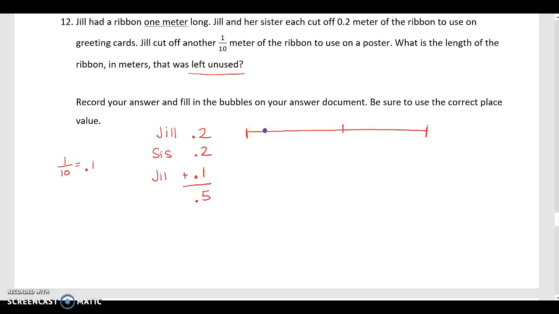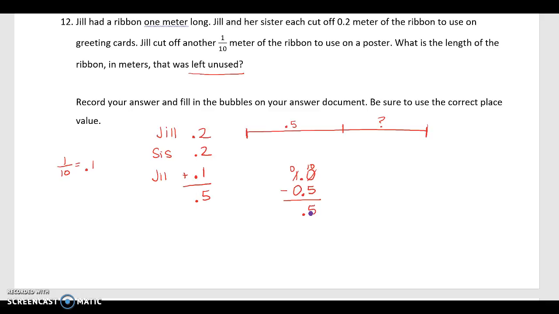They've used 0.5 and they want to know how much is left. So we should know mathematically that half plus a half is a whole. But just in case, 1 meter, 1.0 minus 0.5, you have to line up your decimal. Borrow. 10 minus 5 is 5. So our answer was 0.5.